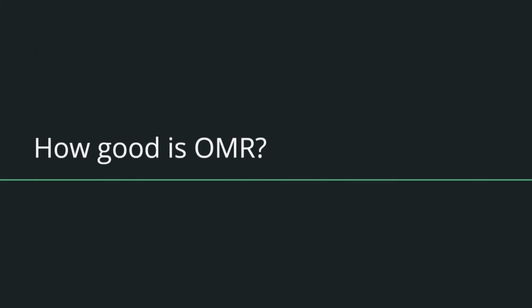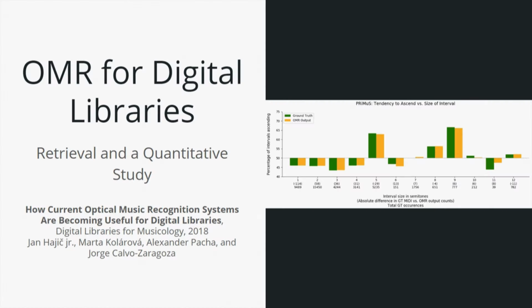So one of the big questions is, how good is OMR now? I've got one last paper that I'm going to show you here, which was conducted again by Jan, Marta, Jorge, and me, and presented at the Digital Libraries for Musicology last year, named How Current Optical Music Recognition Systems Are Becoming Useful for Digital Libraries.